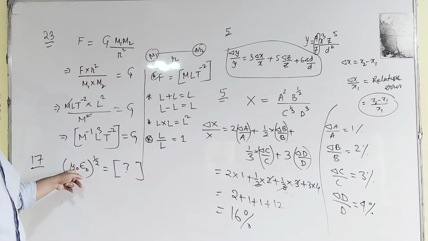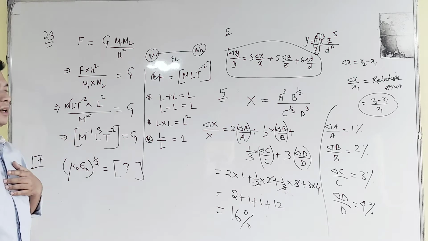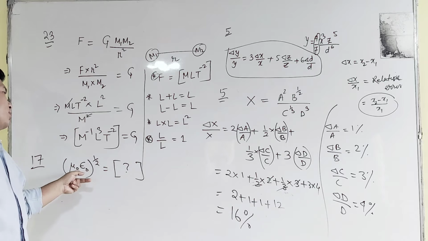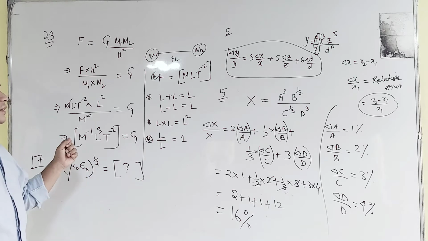Mu naught is the absolute permeability for a magnetic field. Epsilon naught is the absolute permittivity for charge.